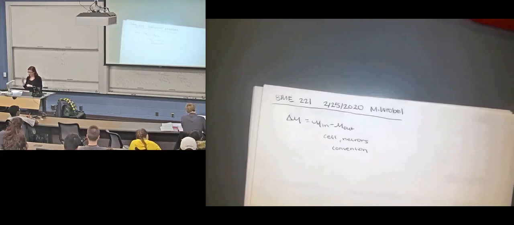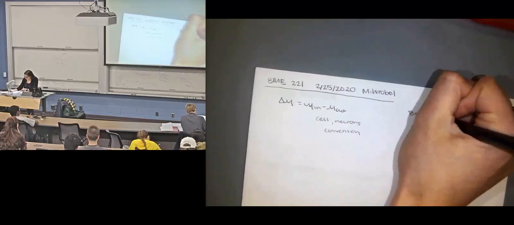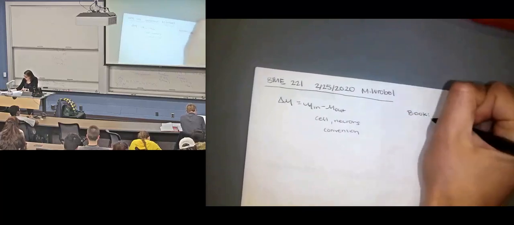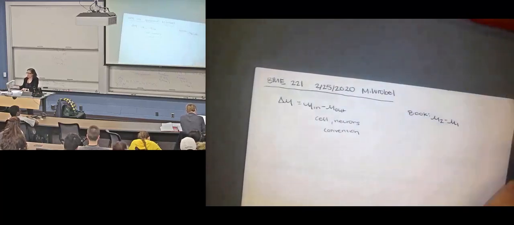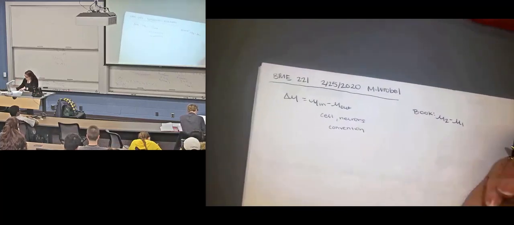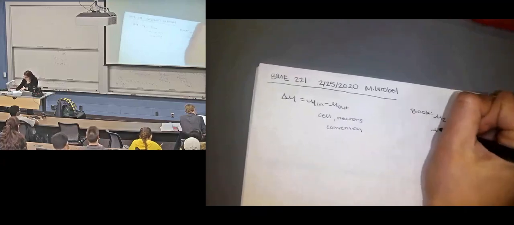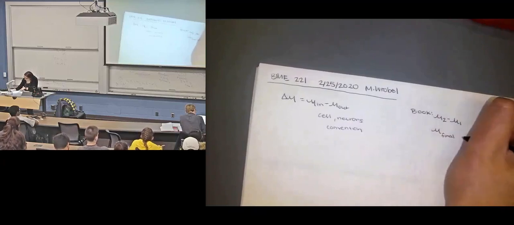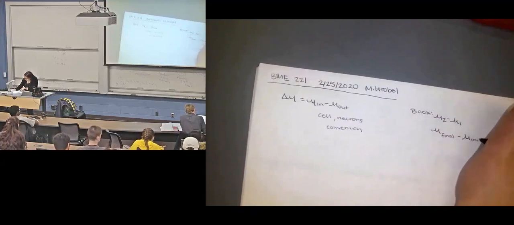However, what you're going to find in your book, if you're reading it, is maybe just mu2 minus mu1. So the question is, how do I decide which is 2 and which is 1? The way that helps me best is to always write it as final minus initial, the final state minus the initial state.